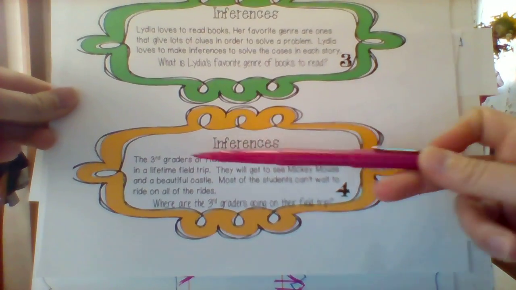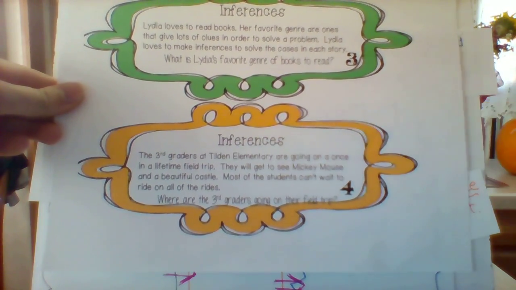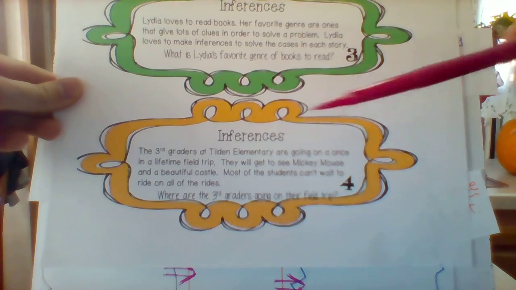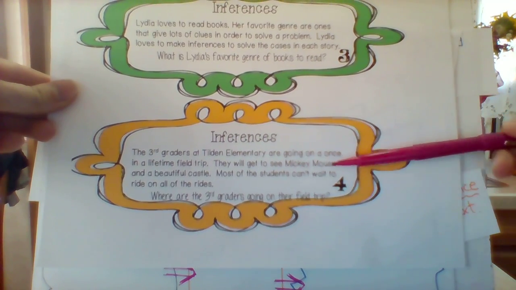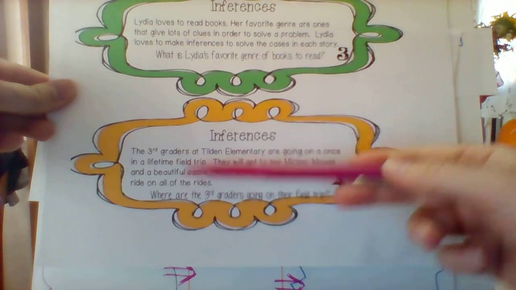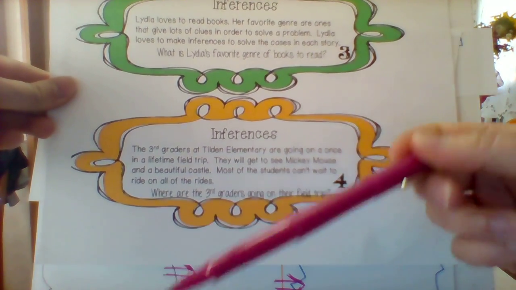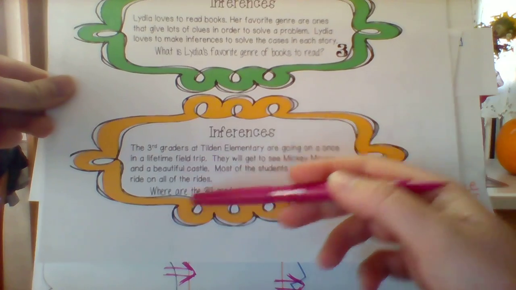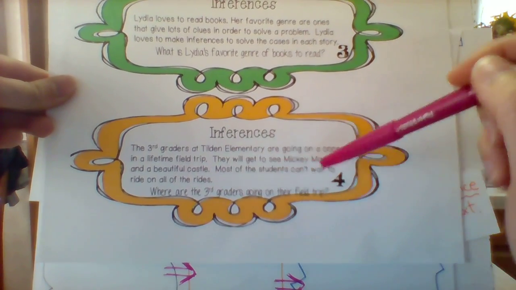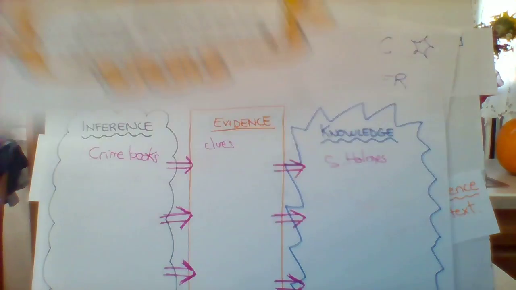Okay, I know they are third graders in Tyden Elementary, and they are going to see Mickey Mouse and a beautiful castle. So Mickey Mouse, beautiful castle, and there are rides. I know rides, Mickey, and beautiful castle.